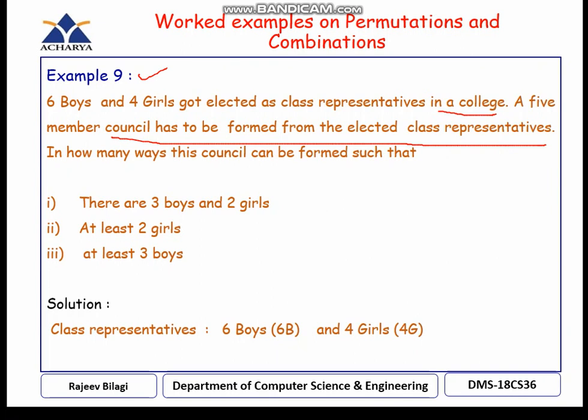In how many ways can this council be formed such that in a team there are 3 boys and 2 girls, at least 2 girls and at least 3 boys. Okay, the solution is very simple. There are six boys, so I'll take them as 6b, and there are four girls, I'll take them as 4g.